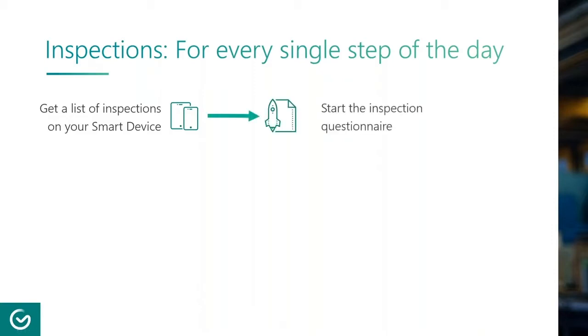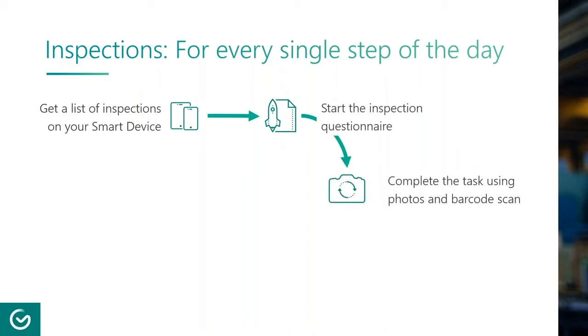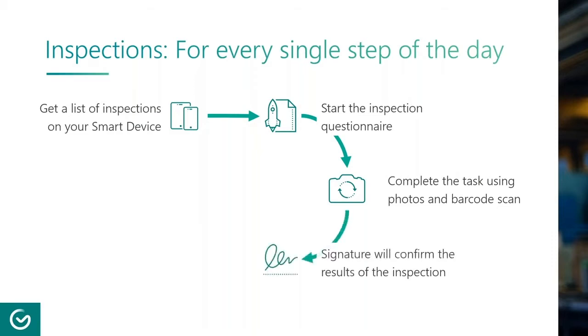They start the process, they open it up in their application, then they go through some checklist or questionnaire, inputting data, maybe capturing or annotating photos, maybe scanning with the barcode, using the different capabilities of Resco, capturing a signature at the end of the inspection process, the end of the questionnaire, to confirm that the job was done and the results are valid.